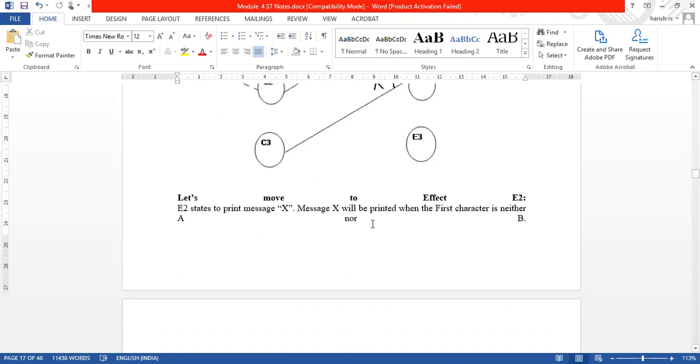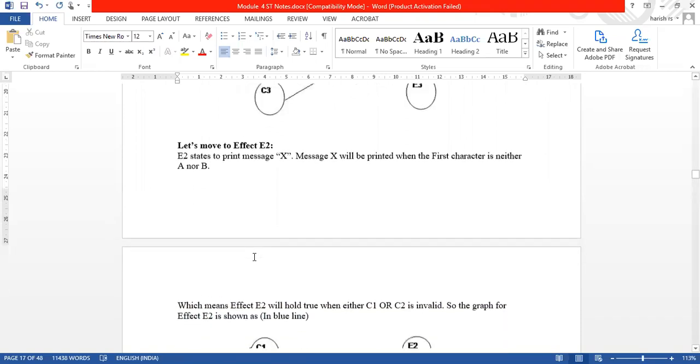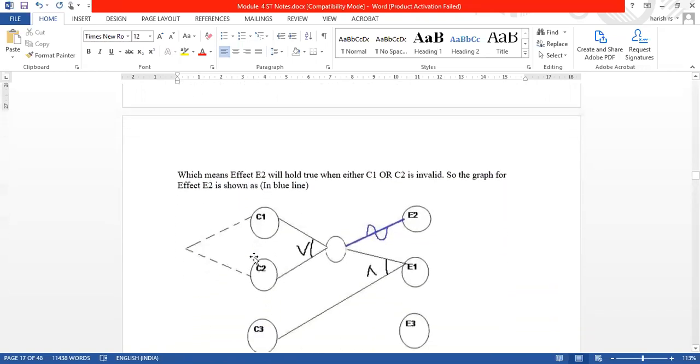Next, when can we go for effect 2, to display message X? What does message X say? If the first character is not A and not B, then we are going to display the message. So we have a mutual exclusive. We have this part.